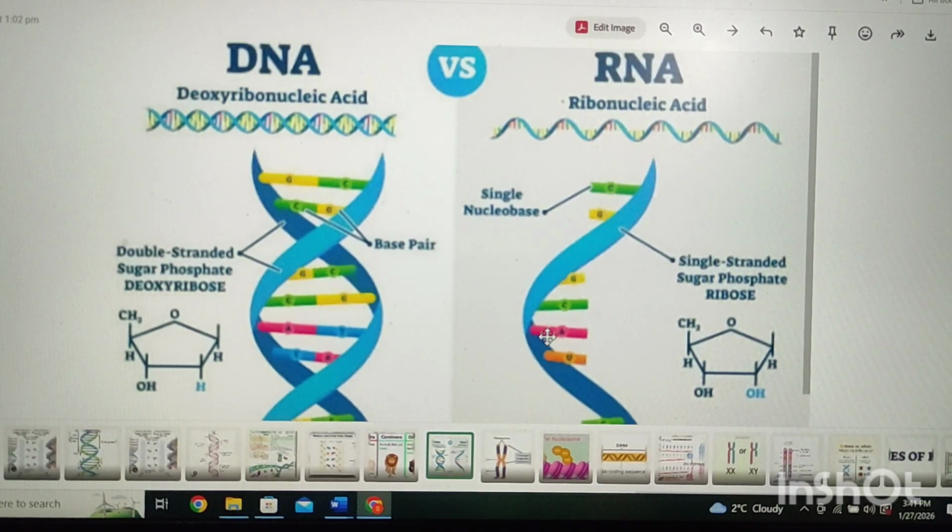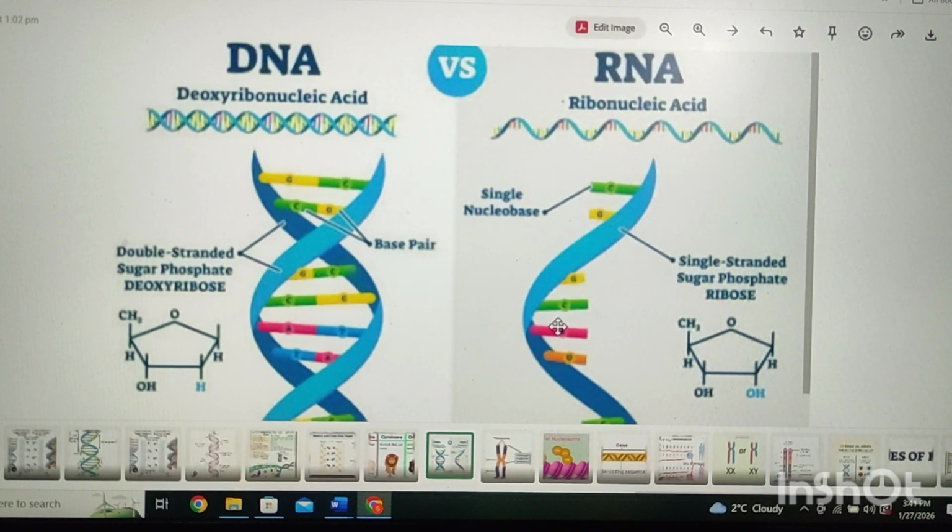Single strand is present, shorter than DNA. When we compare it with DNA, its length is shorter. Its location: it is present in the nucleus, and side by side in ribosomes, and ribosomes are present in the cytoplasm. It helps in protein synthesis, while DNA is used as permanent storage for genetic information.